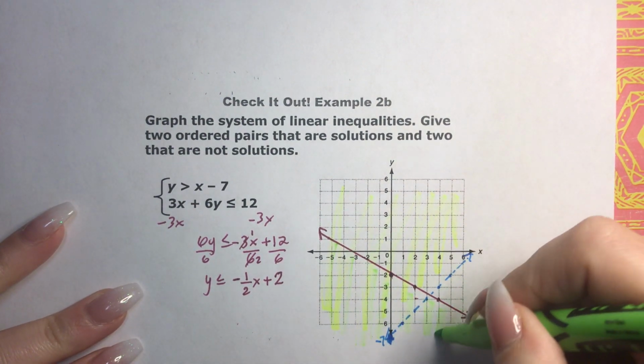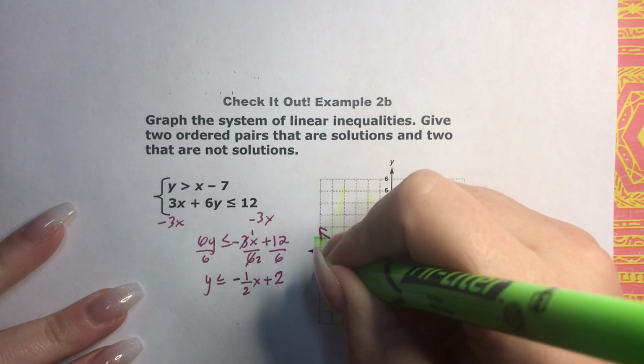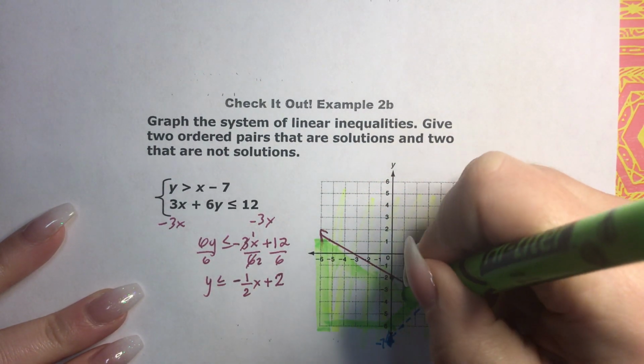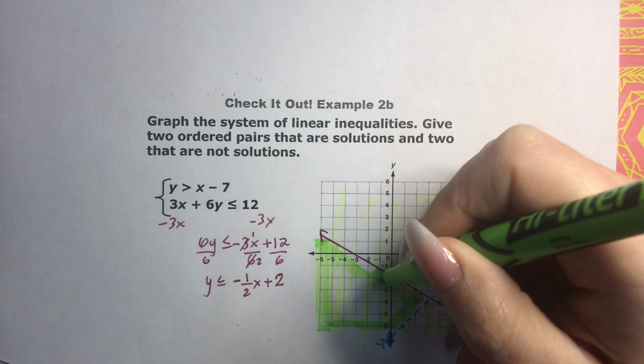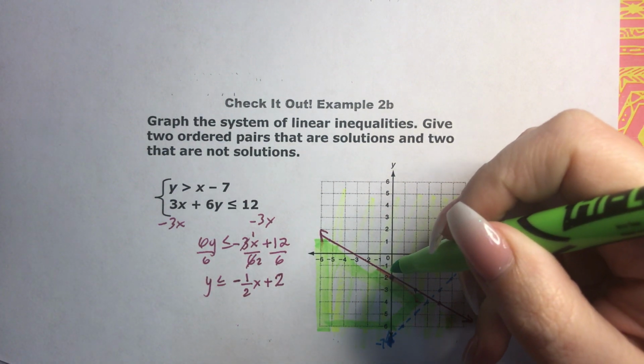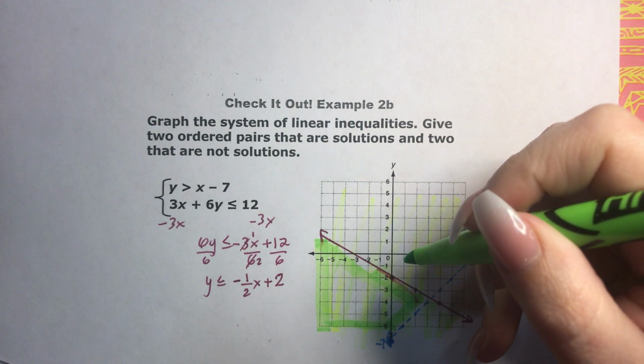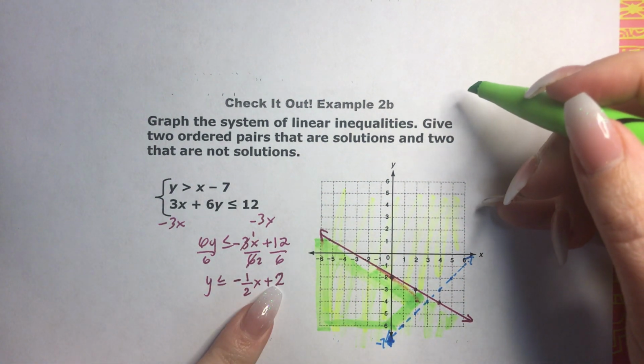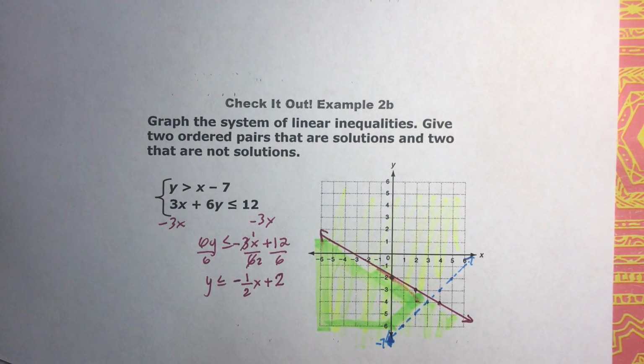So everything below it, which means this is going to be our solutions, anything in this range right here. Oh, you know what? I totally messed this up because it's supposed to be plus 2 and I did negative 2. Oh, it breaks my heart.